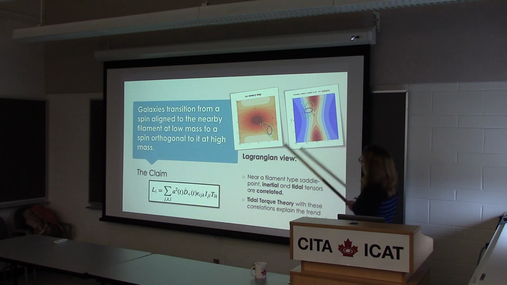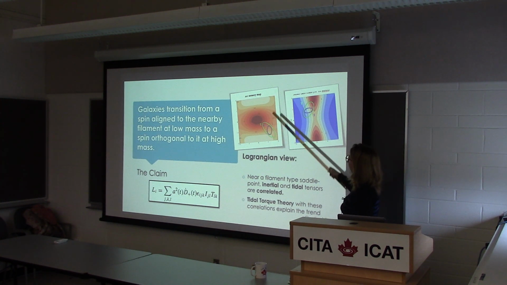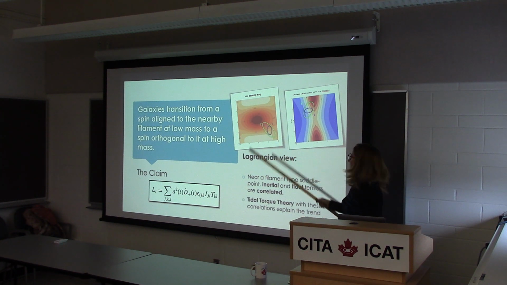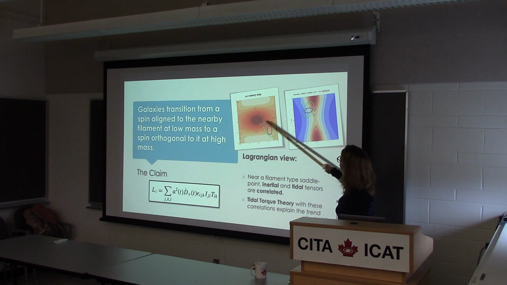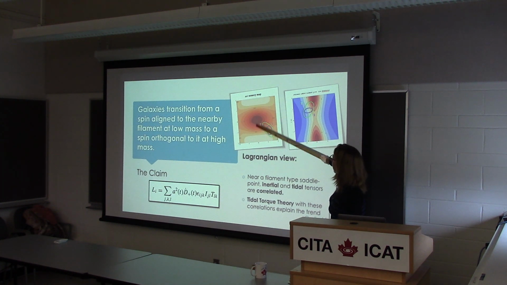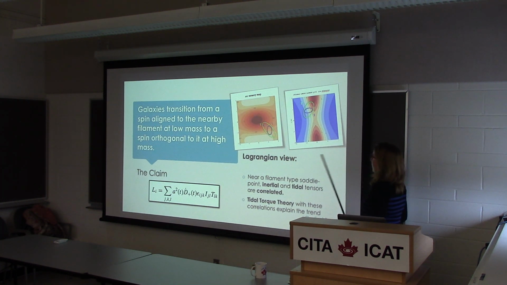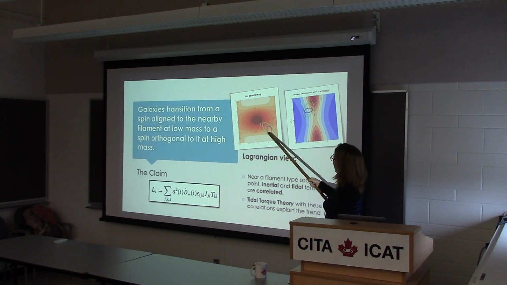And I'll give you a simple example here. So here is a cross-section of a filament, right? You have the spine of the filament here, walls here, and more voidish regions in this area. So what happens for a proto-halo that would be born here?